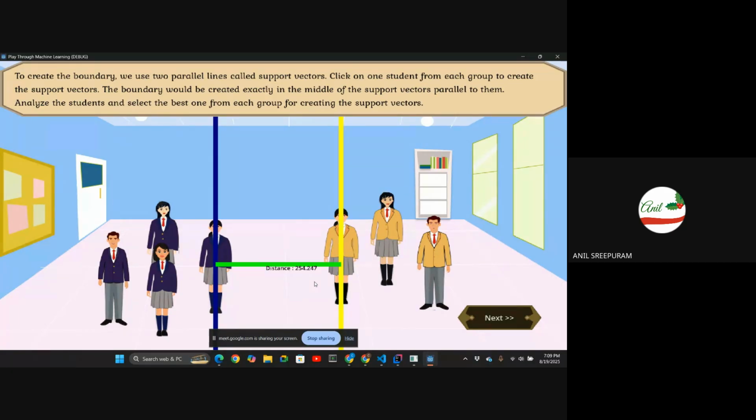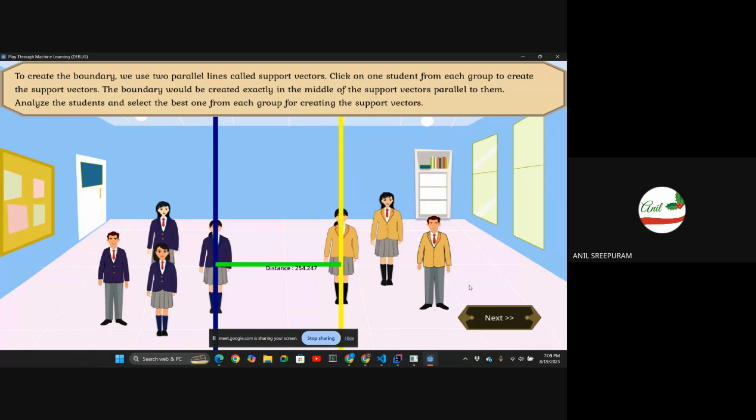And then you may think, okay, just place that line in the middle. And you see the distance between the two lines is 254.247 now. But if you just place it in the middle, that may not be the best boundary that you can set. I will be explaining that with a demonstration.